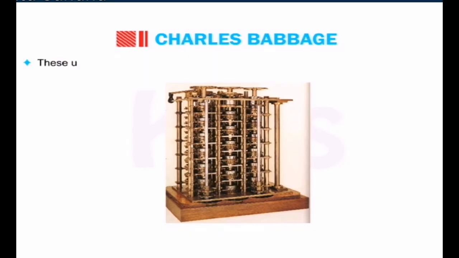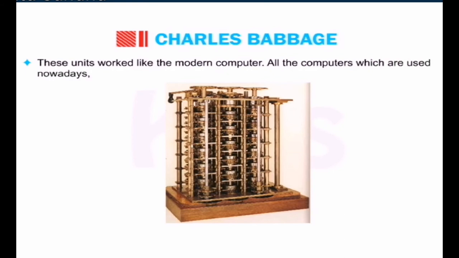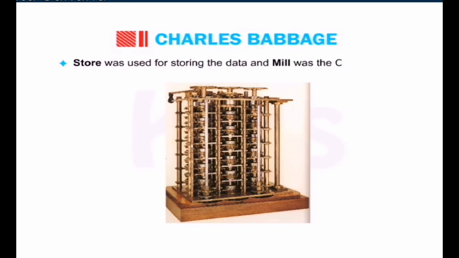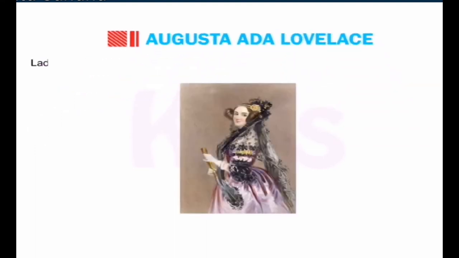Input is to input things, output is to get results, store was used for storing data, and mill was used for calculating. There is also a control unit for supervising all the units. So, 5 main units.